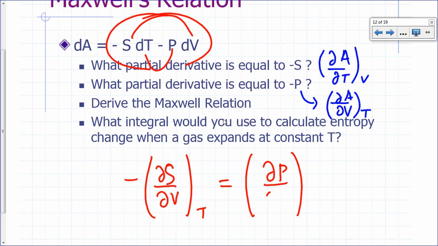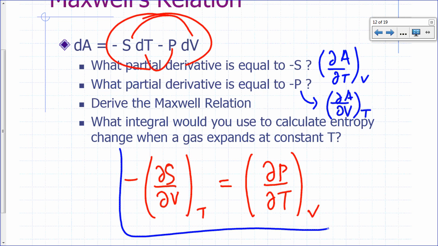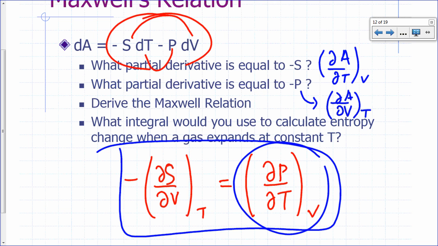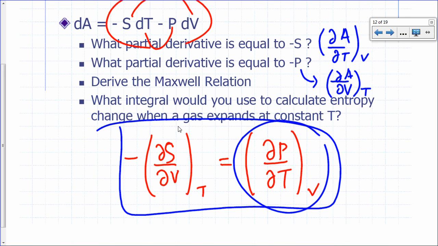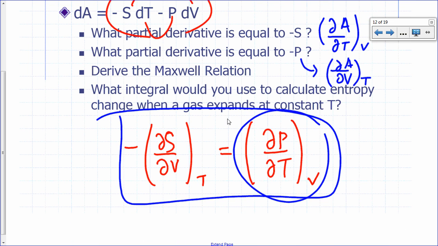P with respect to temperature constant volume. And again, what's the nice thing about this expression? Your right hand side here is just about pressure, volume, and temperature. Okay? And so here again you can calculate delta S when a gas expands at constant T.